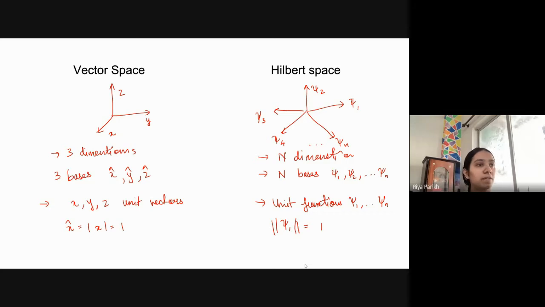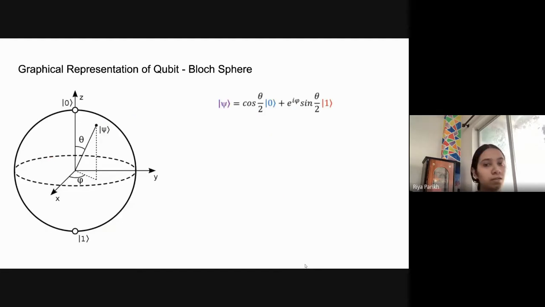Now, Hilbert space is very difficult to visualize and imagine, and we cannot always visualize qubits in Hilbert space. So to make it easy, we have another graphical representation in vector space called the Bloch sphere. As you can see on the left, this image is of the Bloch sphere, and this equation specifies where the qubit lies on the Bloch sphere.